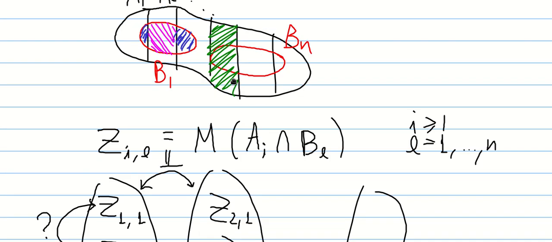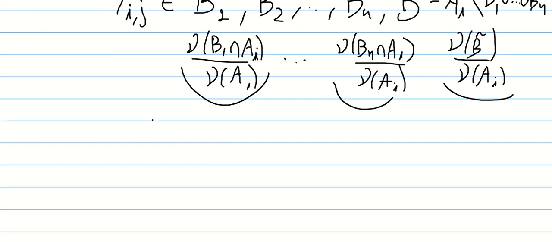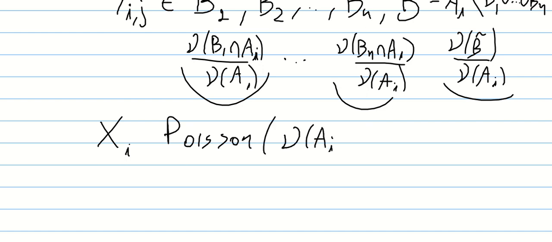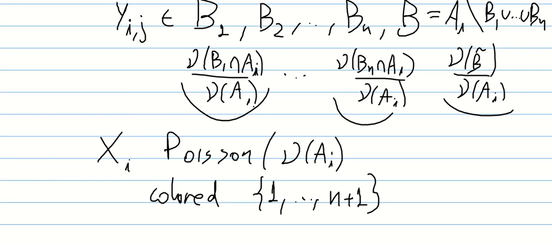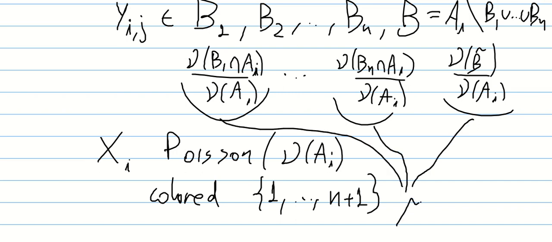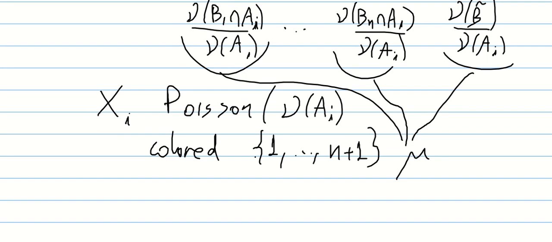So in the end we are taking xi, which is a Poisson random variable with parameter nu of A_i, and it's being colored from 1 up to n plus 1 with this distribution that I'm going to call mu. It's some measure on this finite space here.